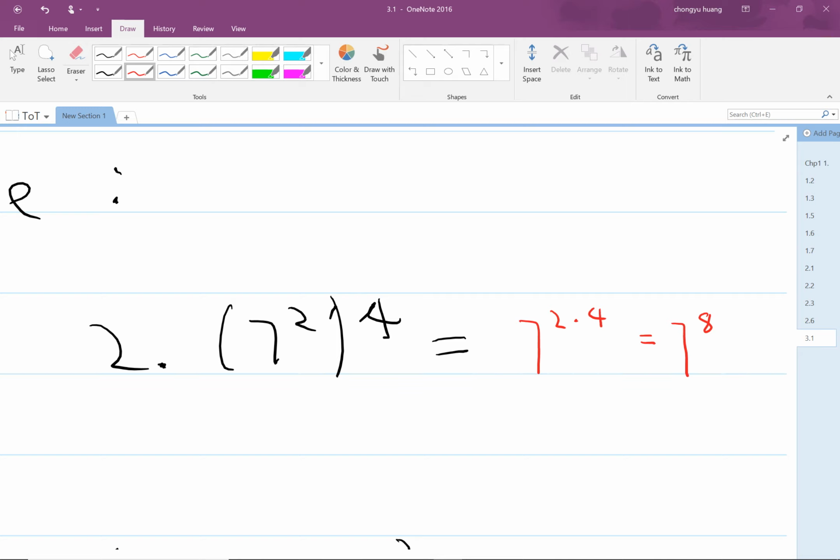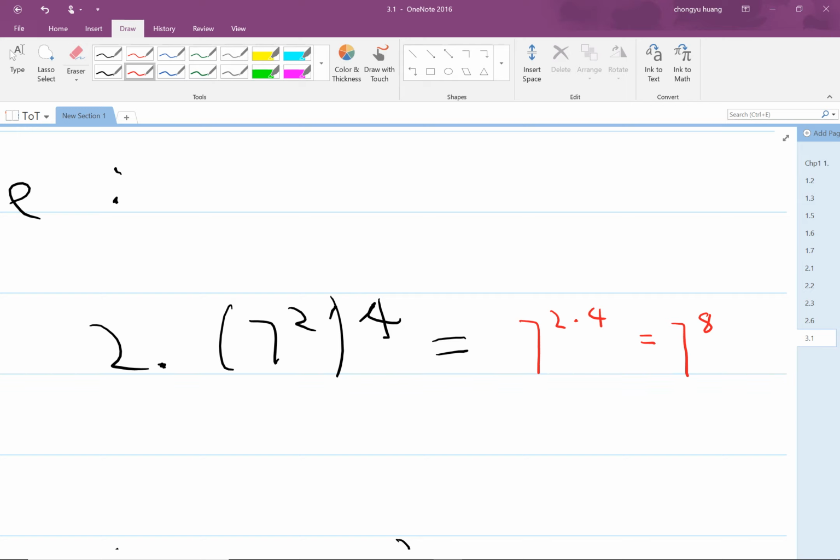You can leave the answer as is, or if you have a calculator, it will be much better to use the calculator to find the answer. 7 to the power 8 is actually a really big number. So I think right now we're just going to leave the answer as 7 to the power 8.